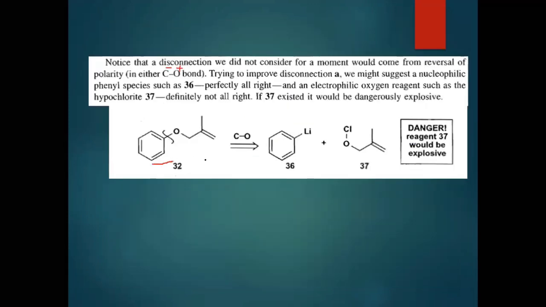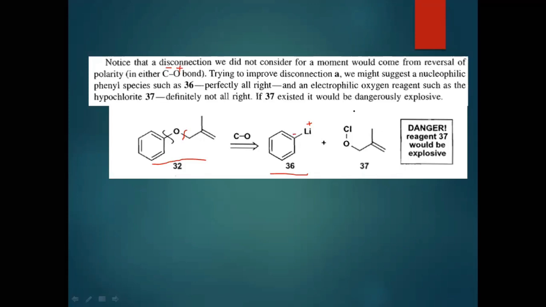Take the same target molecule. Instead of disconnecting at the C-O of this side, try the other C-O disconnection. Then you may propose a synthetic equivalent in which this carbon is negatively charged, with Li plus. Of course, this reagent is available.